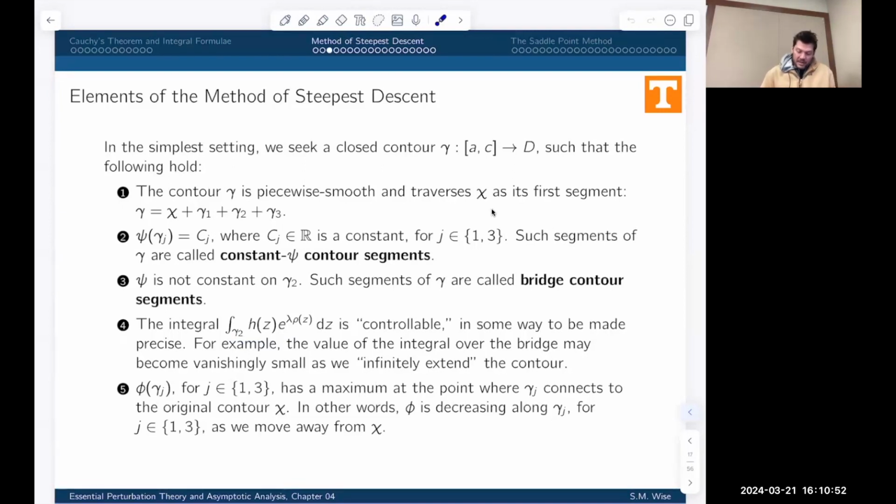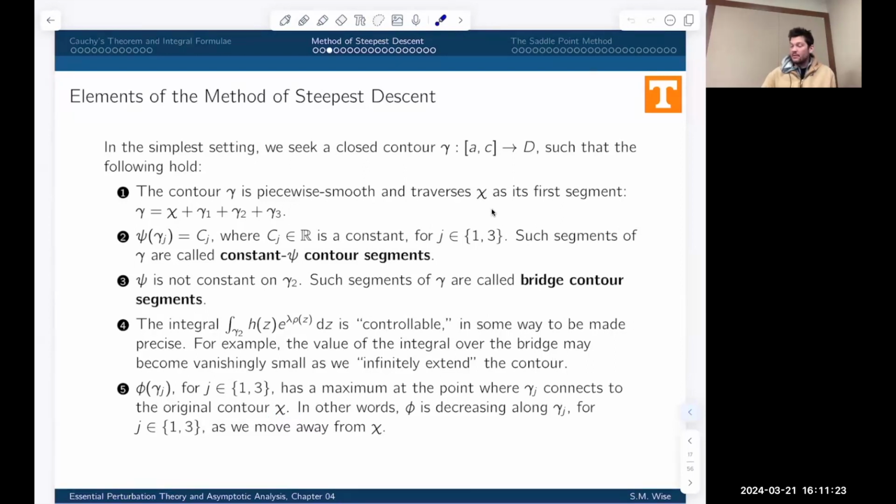And the final point is that where gamma j, for j equals 1 and 3, connects to the original contour chi, and we know those are constant psi contours, we want phi to be a maximum at the point where gamma j connects to chi.